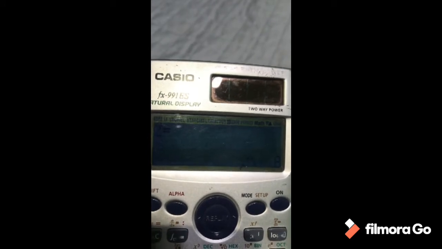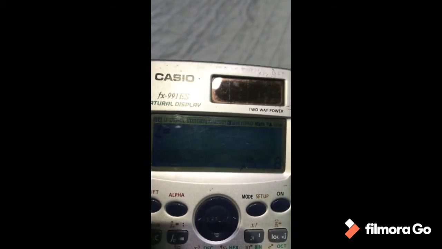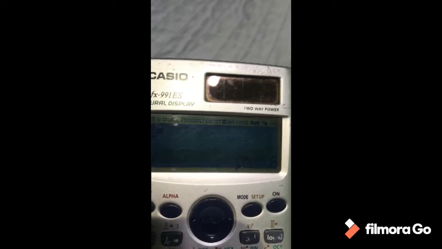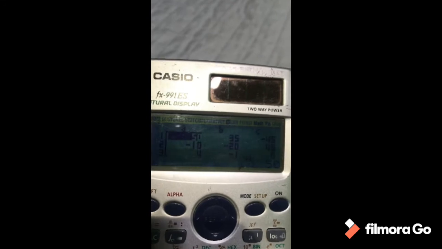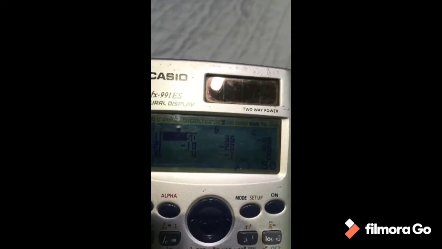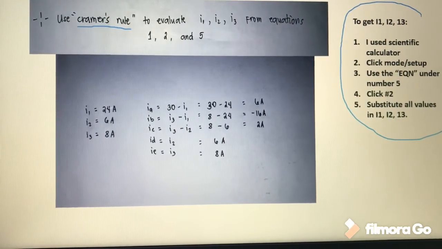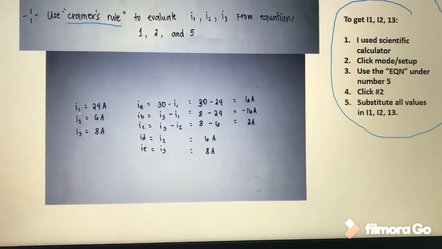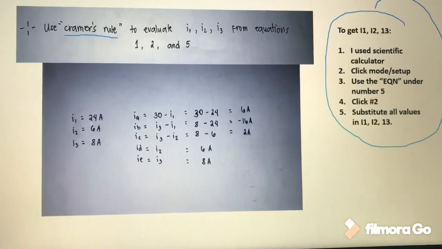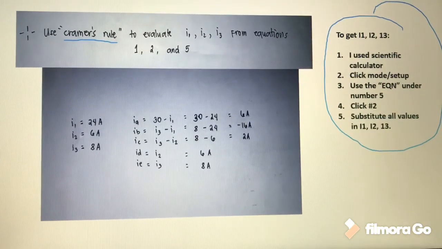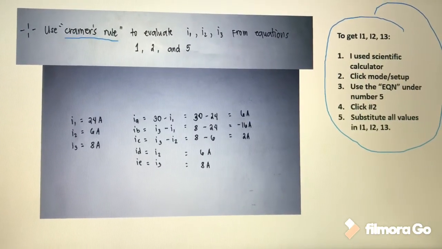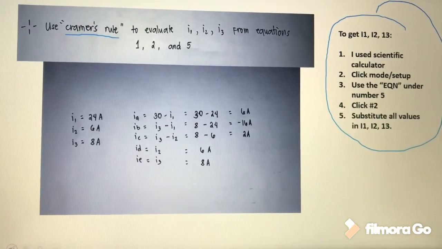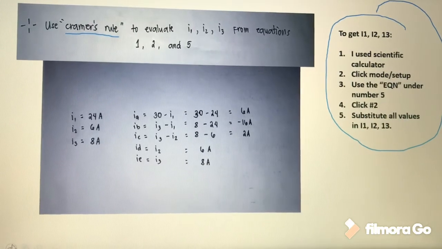And our z is equal to 8. We let it as I3, which is equal to 8A. So, the answer for I1 is 24A. I2 is 6A. I3 is 8A.